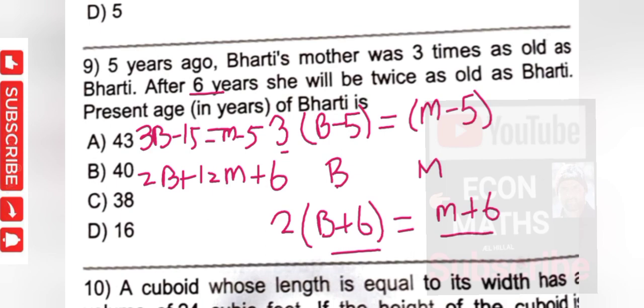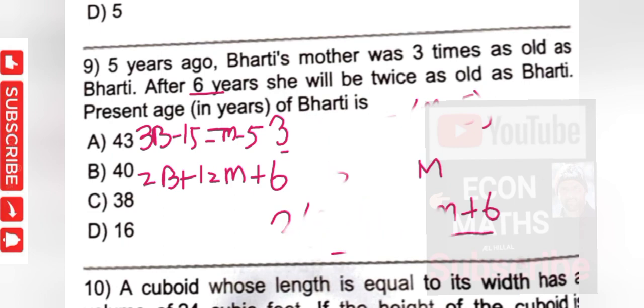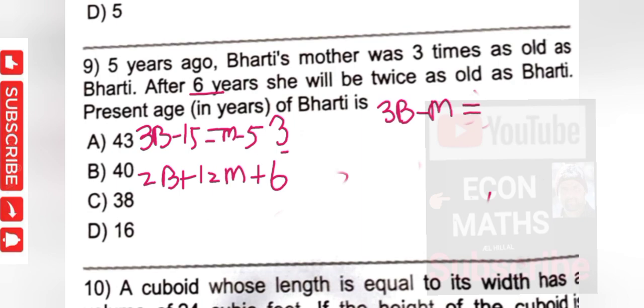So the relationship is here. This will become 3b minus m. So we have 3b minus m is equal to 15 when transposing, so minus 5 plus 15 is equal to 10.